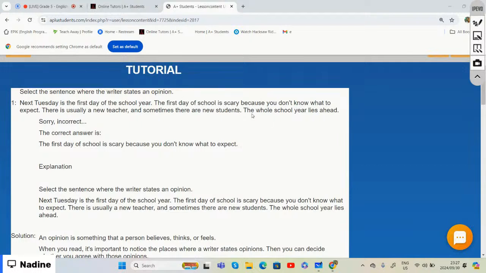The first day of school is scary because you don't know what to expect. There's usually a new teacher, and sometimes there are new students. The whole school year lies ahead. We need to select the sentence where they state an opinion, where it's the author's viewpoint.